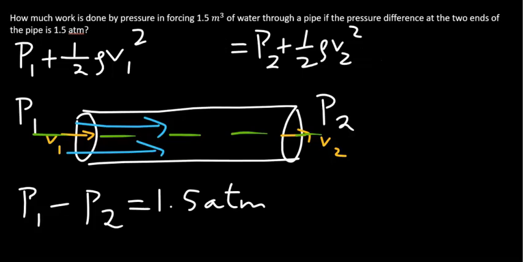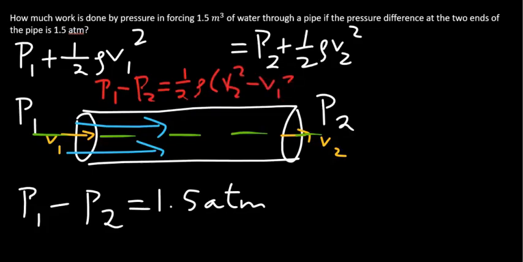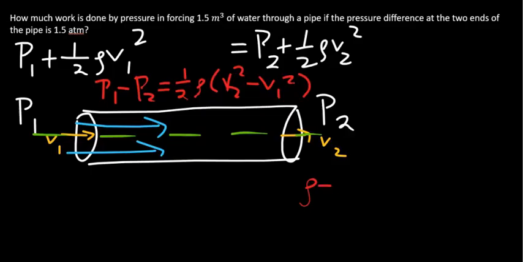Let's rearrange the terms. P1 minus P2 equals half rho times V2 squared minus V1 squared, where P1 minus P2 is 1.5 atm. We know density equals mass over volume.